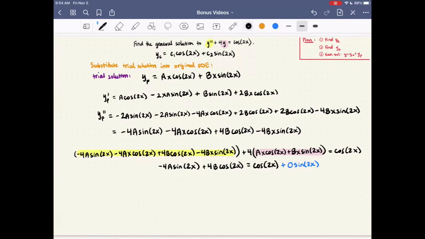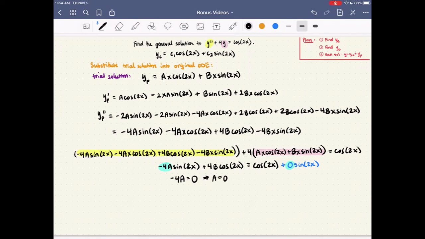So the first equation I'm going to write down is that negative 4a should be equal to 0. And that's coming from my terms on sine on the left and right, those coefficients. So that tells me right away, actually, that a is 0.